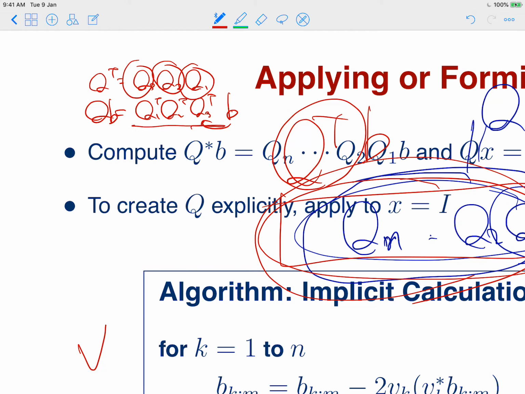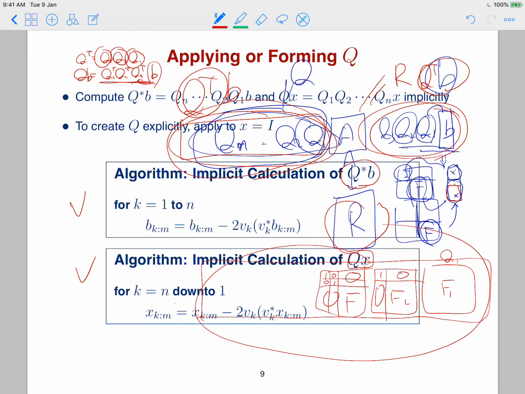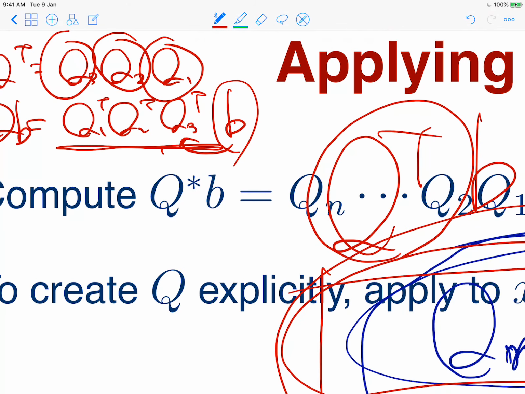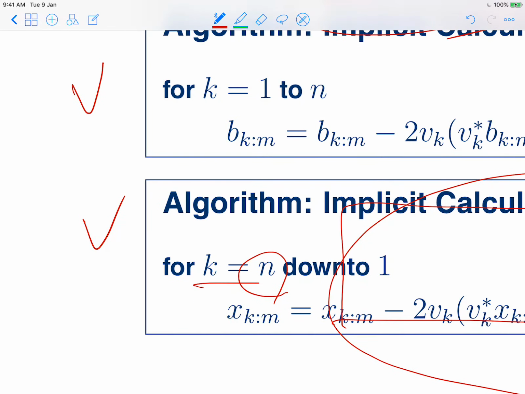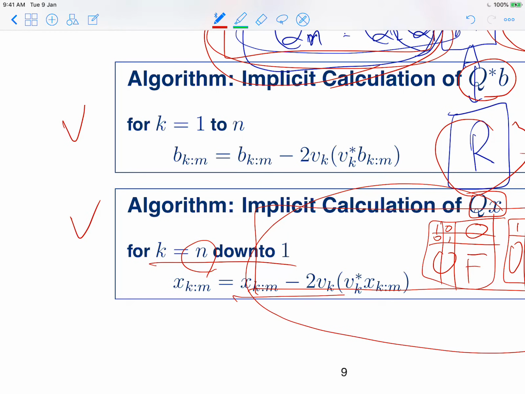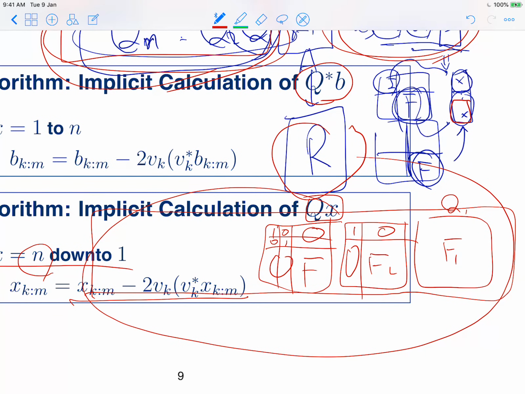So when multiplying this with the original vector B, we simply start from this one, and the iteration goes from n down to the first one, and then the remaining process is the same. We apply this onto the smaller one, and then using the bigger one, we update the larger part, one dimension larger in size, of a vector, right?